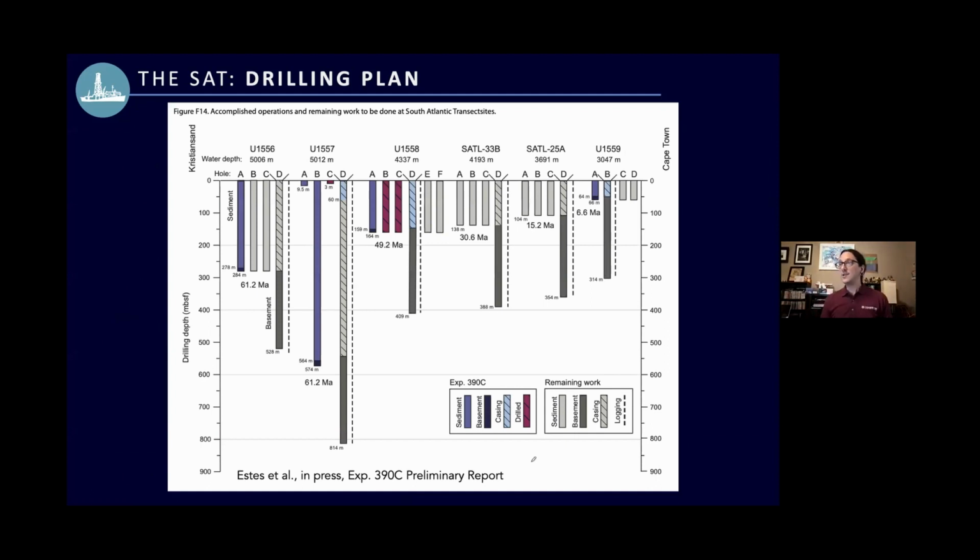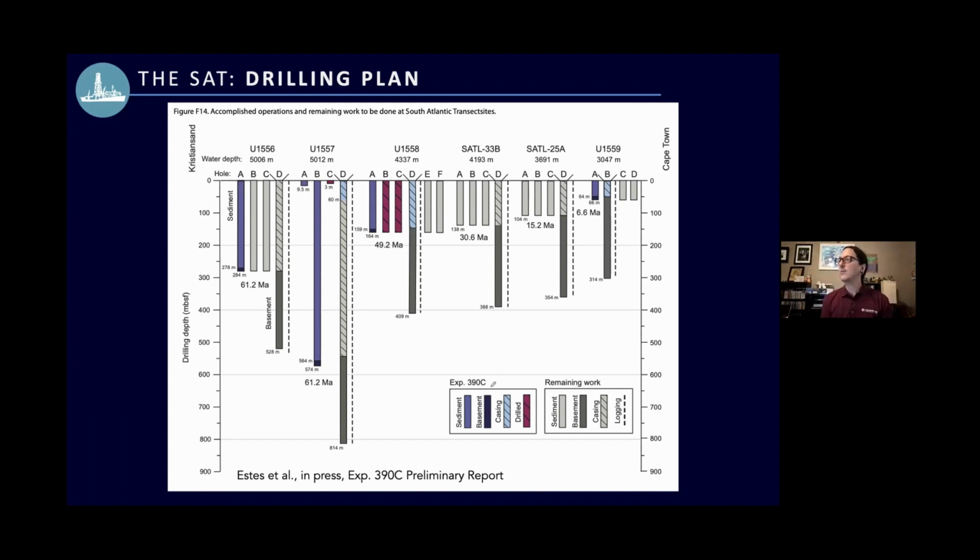And as I mentioned, because of the delays, we were actually able to do some engineering work up front. During the time when 390 was supposed to be out, instead Expedition 390C went out, with no scientists, but did bring Emily Estes, who's the staff scientist for 390C.